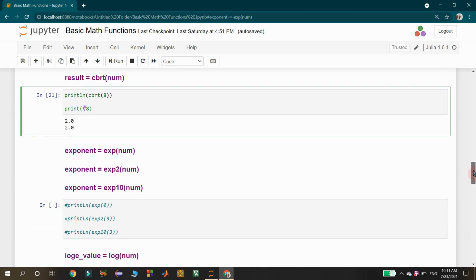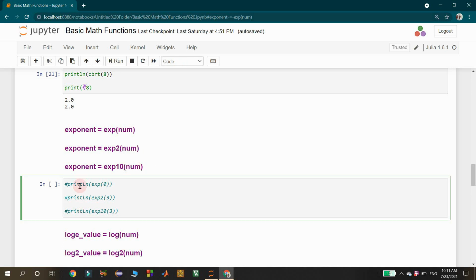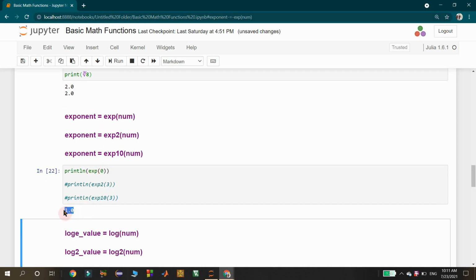And then we have different functions to compute exponentiation. We have exp as a function to compute e power the given number, exp2 to compute 2 power the given number, and also exp10 to compute 10 power the given number. As an example, I am considering 0 as the input for the exp function, which will compute e power 0, that will result in 1.